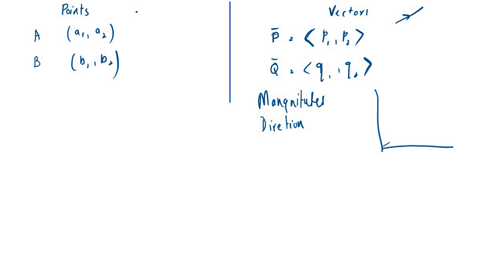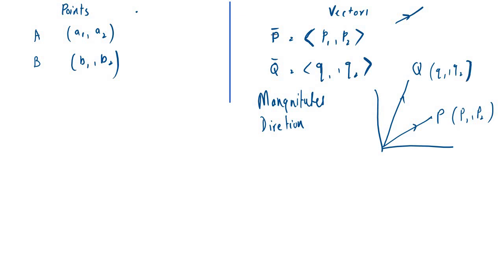vector P. Let's say this is P, denoted by P1, P2, a directed line segment, and this is Q, a directed line segment, denoted by Q1, Q2.